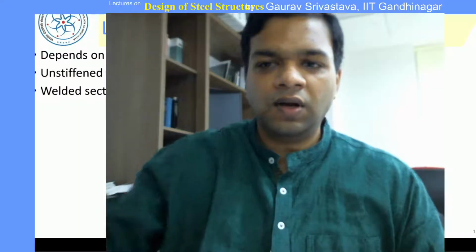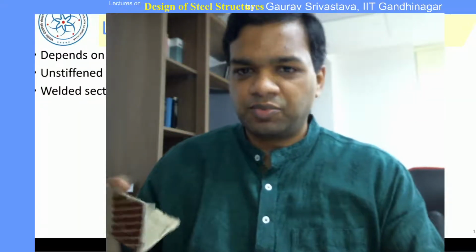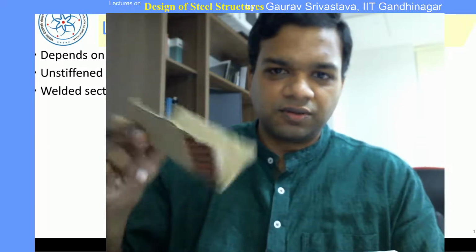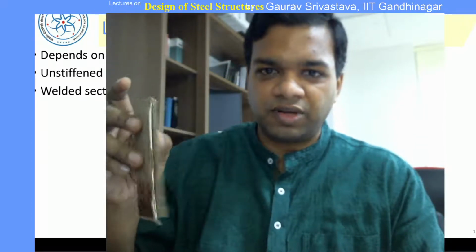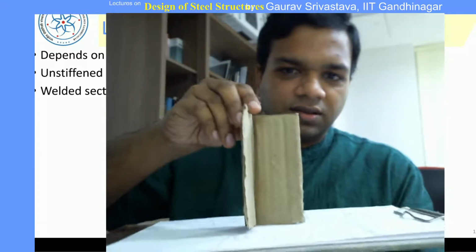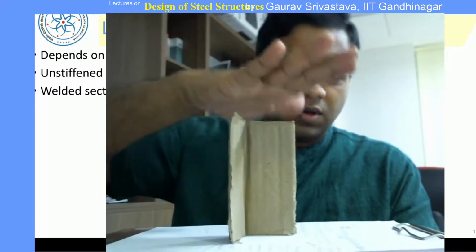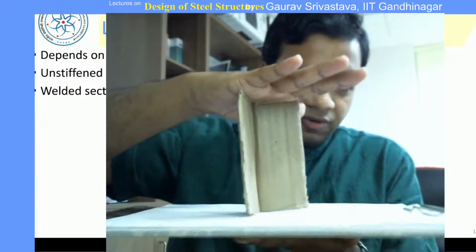Let's try to look at it with a simple model. This is a cardboard which I've bent in the shape of an angle, and let's say it is being loaded axially. We keep it like that, and then from the top we apply a compressive force.